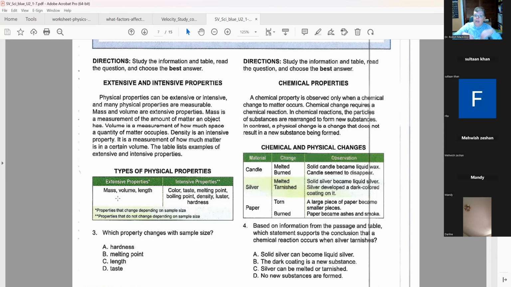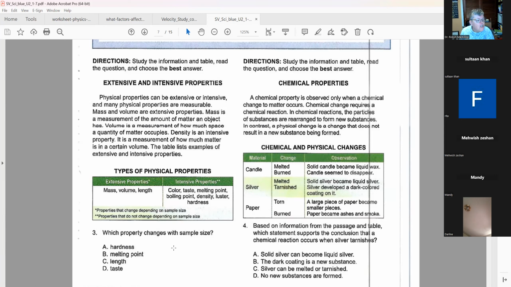Volume is everything inside. If you've got a bottle of water, the volume of a regular bottle of water is something like 16.9 fluid ounces. That's the volume, how much is inside, how much it holds. And then length, of course, is the size, if you measured it.